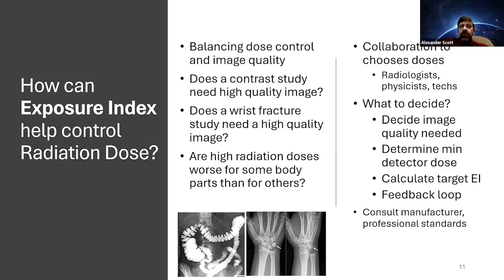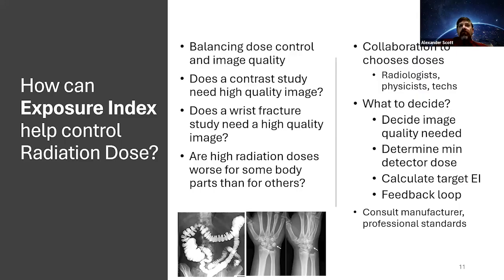At least at Cedars, we use a collaboration of physicists, technologists, and radiologists, and we're determining what is the image quality needed for the study, and therefore what is the minimum detector dose that's needed, and then how do we assign an EI to that and a manual technique and automatic exposure control technique that will achieve that exposure index.